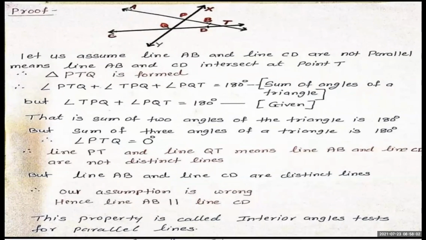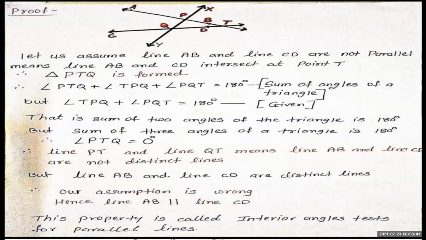Okay, so because of the intersection of both lines, triangle PTQ, you can see here, is formed. So we all know that the sum of the three angles of a triangle together measure 180 degrees. So all three angles I wrote here: angle PTQ plus angle TPQ plus angle PQT.